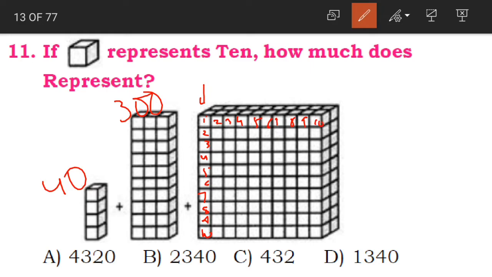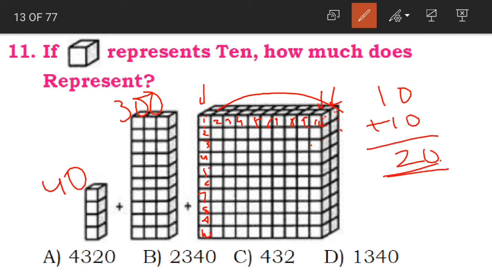And the same we are having two sets of blocks here, not only one. In the front we are having 10 and in the back side also we are having 10. So 10 plus 10 becomes what? 20.